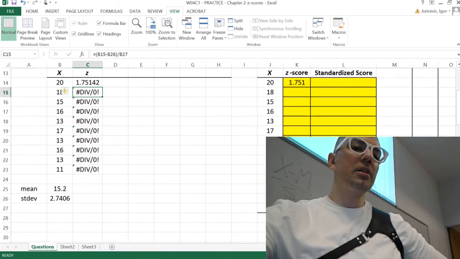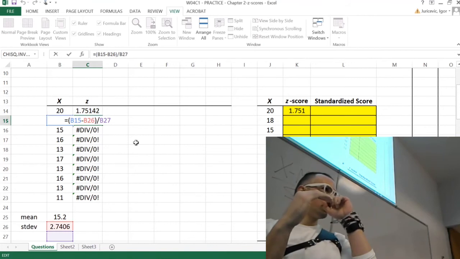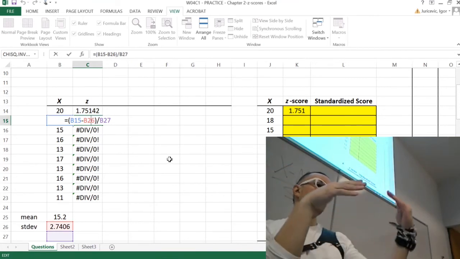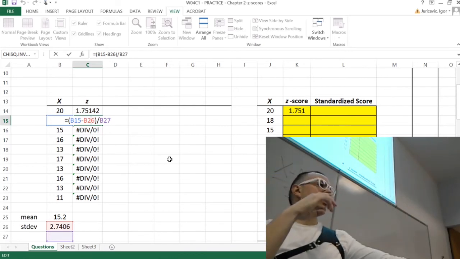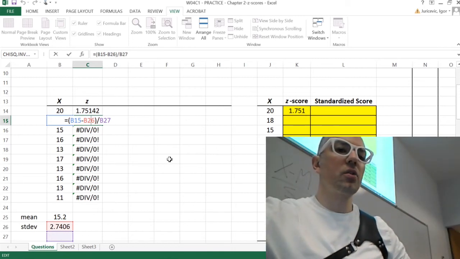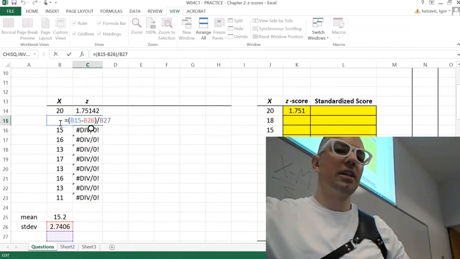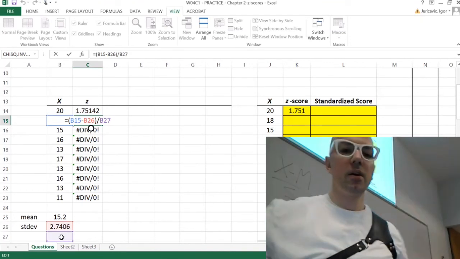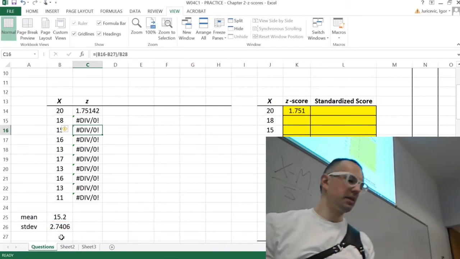However, when we went down here to the second one, notice that we moved down one row, and Excel moved down everything one row as well. We moved the formula down one row, Excel moved the formula down, and the cell that it's accessing down one row. So now we have our raw score minus the standard deviation, and then all of that divided by a blank cell. And Excel can't do that. It can't divide by 0. So something went wrong, something didn't work because we set this up incorrectly.